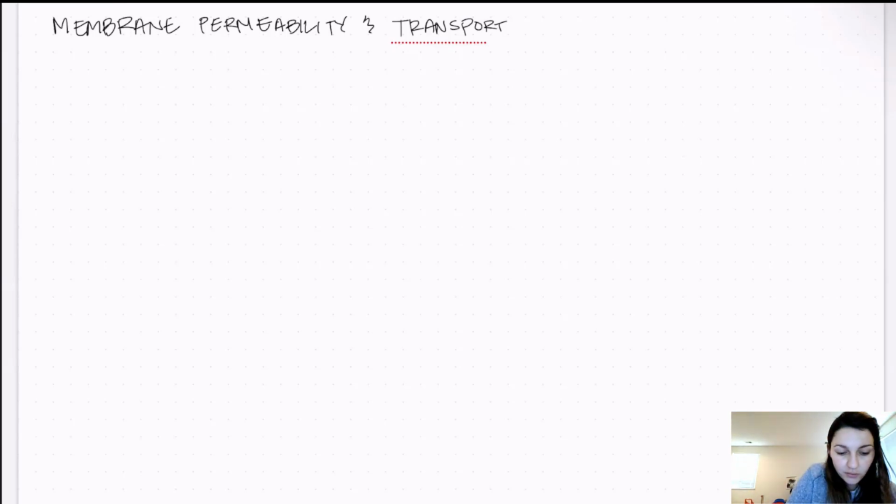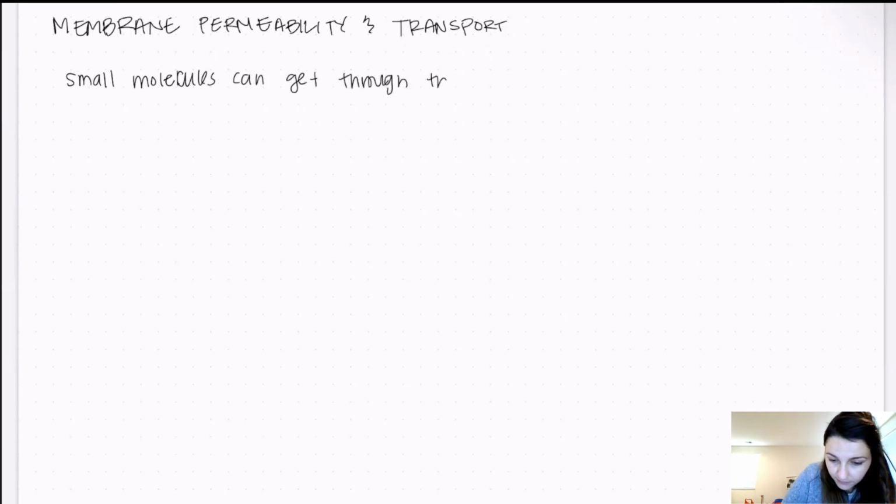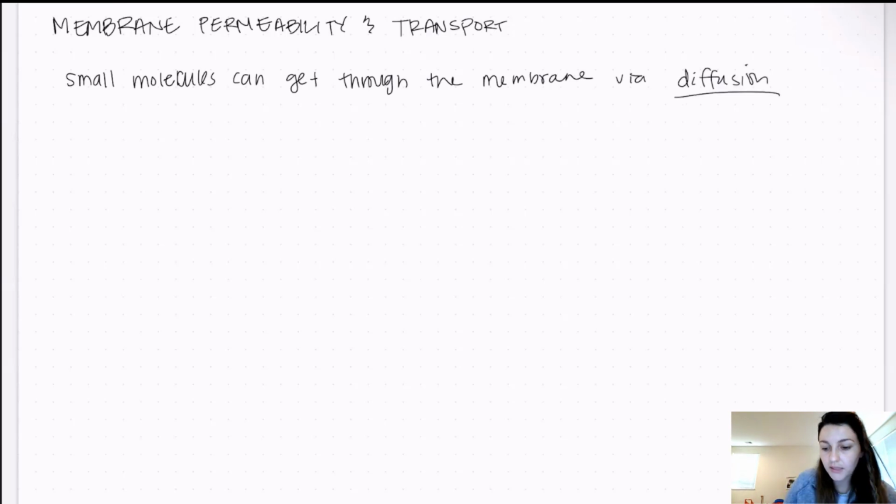Small molecules can get through the membrane via diffusion. Diffusion is the movement of small molecules from a high concentration to a low concentration.